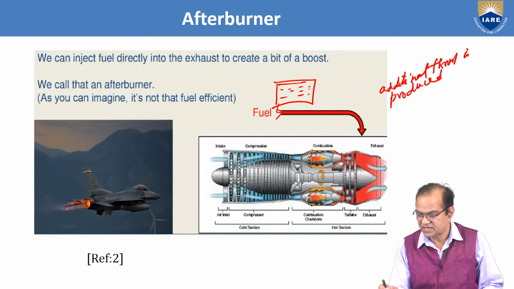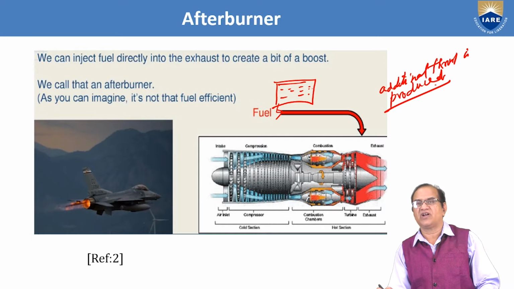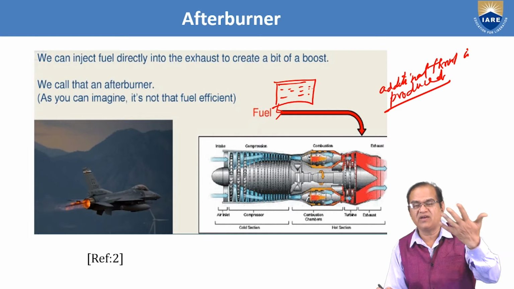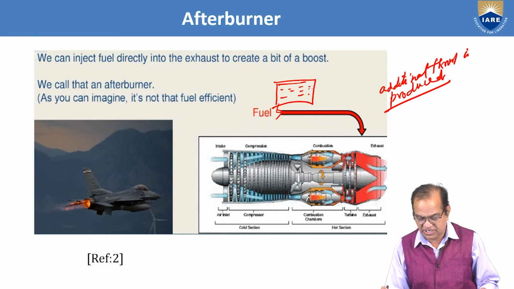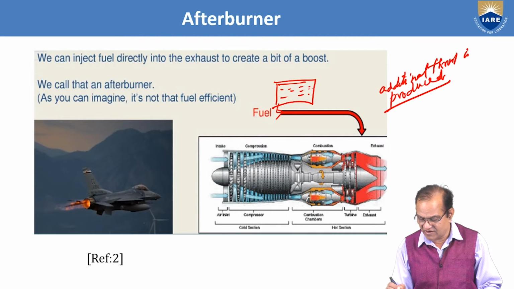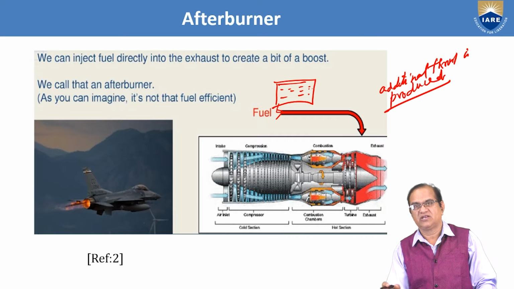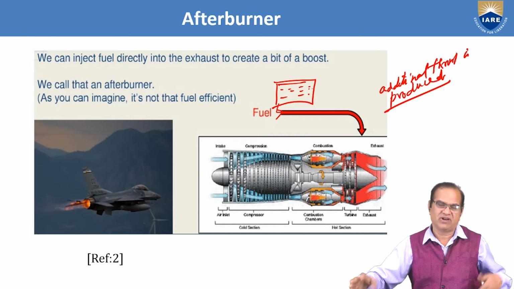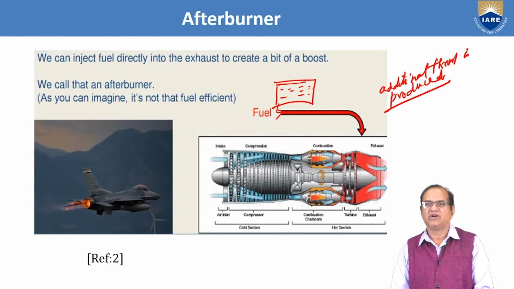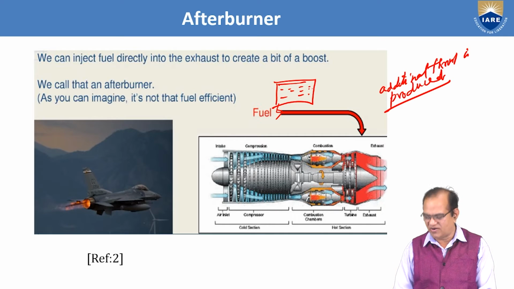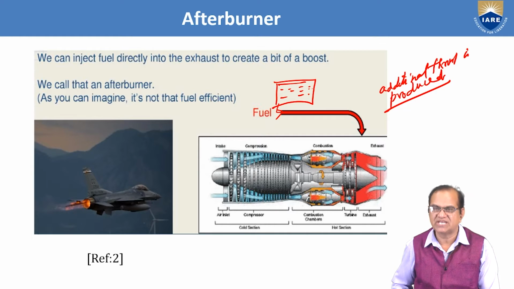These thrusts are very useful for the fighter aircraft to run away from its requirement. The speed of the aircraft will be much higher. Our fighters like the MiG-21 all have the afterburner to use in case of emergency.